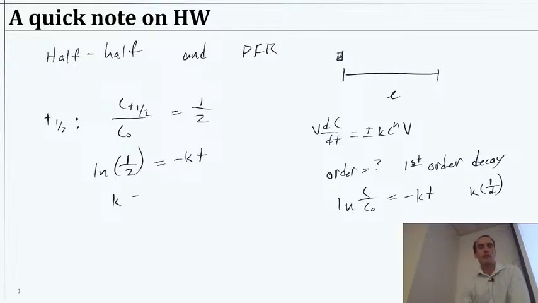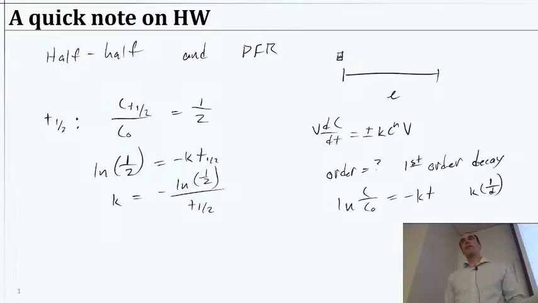So then we could say k is equal to negative natural log of 1/2 divided by this half-life time. And you'll see you have all the information you need if you know the half-life. Okay, so in that sense, you can find your k that you need for that problem, and then you can finish solving the problem.